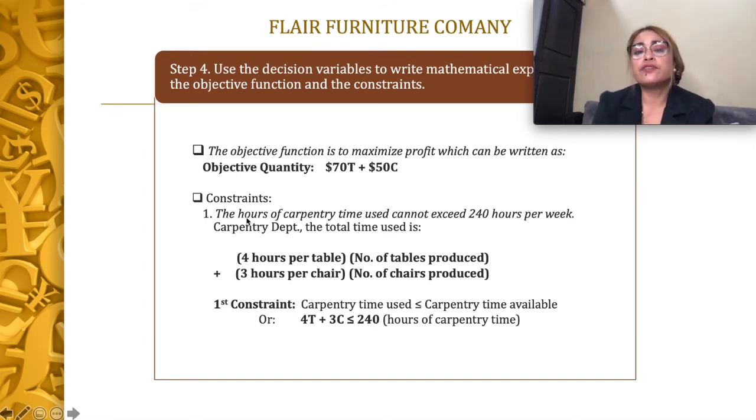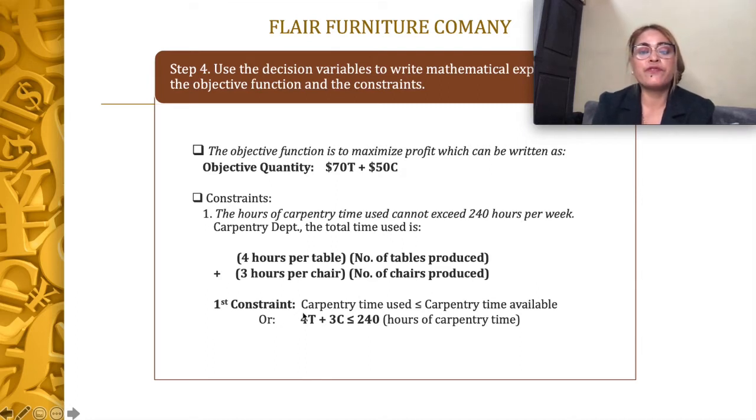for the first constraint, the hours of carpentry time used cannot exceed 240 hours per week. Now, in the case of the carpentry department, the total time used is 4 hours per table times the number of tables produced, plus 3 hours per chair times the number of chairs produced.